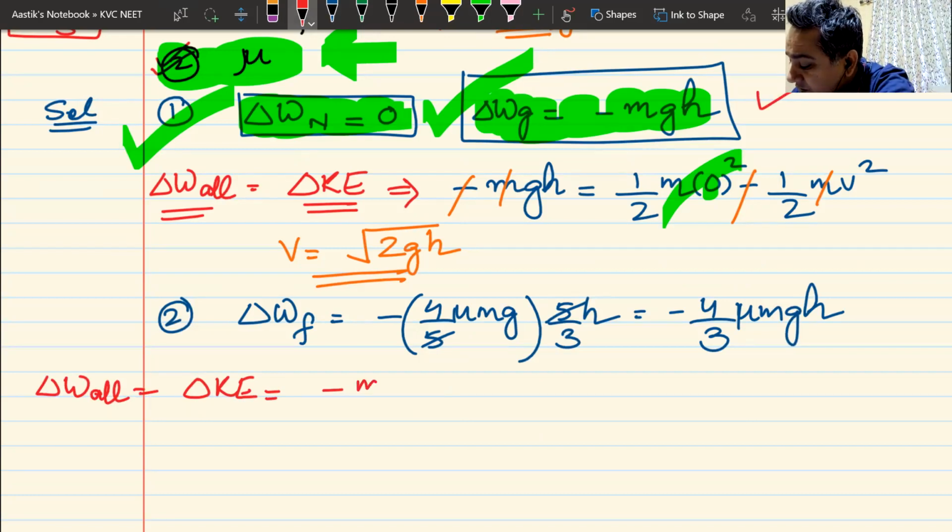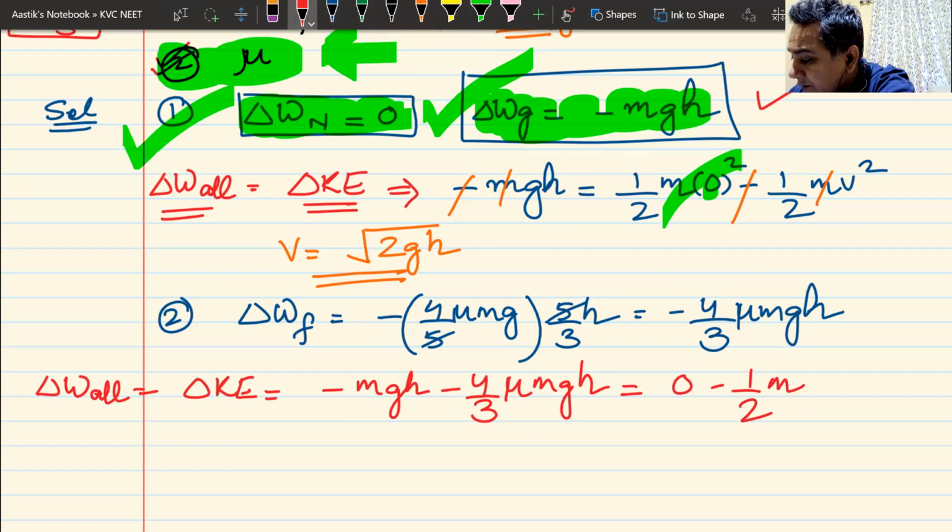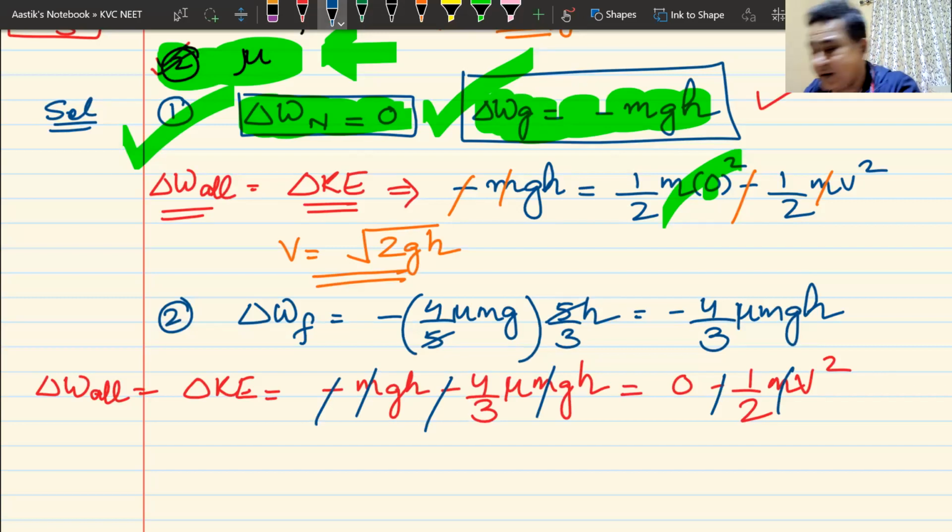Then there is minus mgh, which is the work done by gravity, and minus 4 by 3 mu mgh. That must be equal to final kinetic energy 0 minus half mv squared. The minus sign will get cancelled, and you will get the value of h.